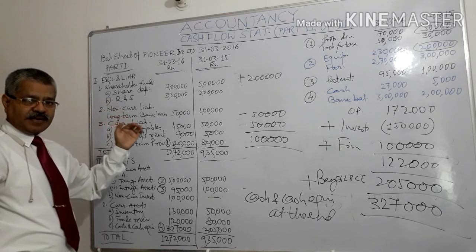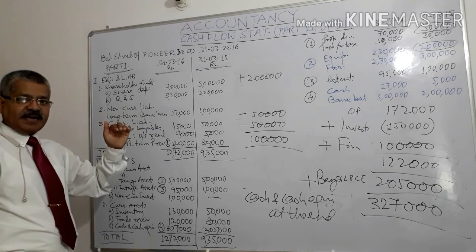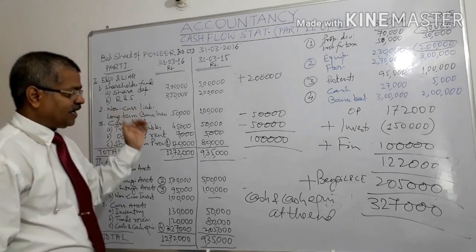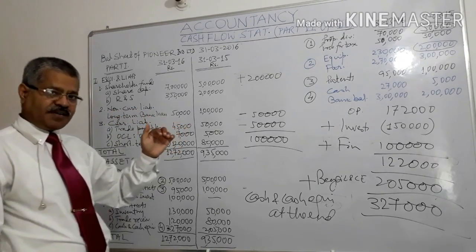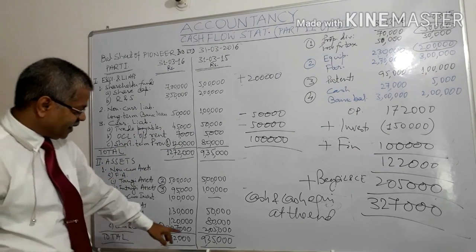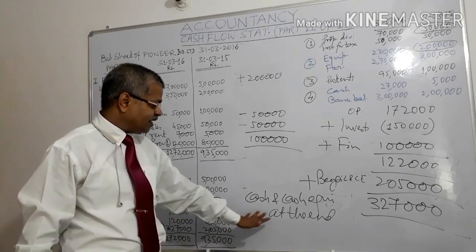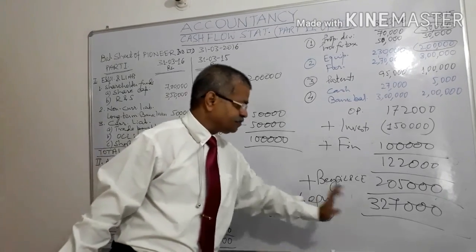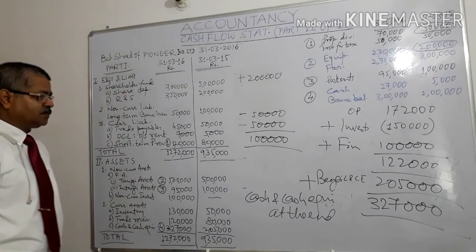Then we arrived at cash flow from operating activities, cash flow from investing activities, cash flow from financing activities, and we added cash and cash equivalent at the beginning of the period, and finally we got cash and cash equivalent at the end of the period. That is, what is that?